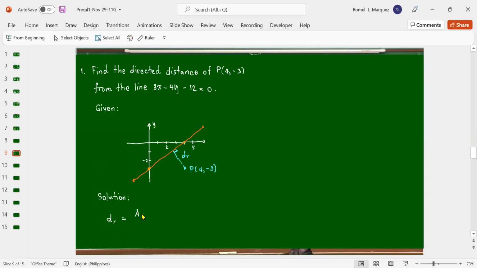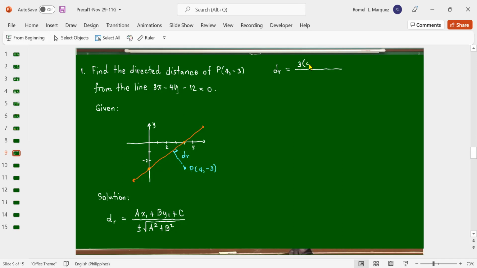Okay? What is our formula? A x sub 1 plus B y sub 1 plus C, all over plus or minus square root of A squared plus B squared. So we are going to consider what sign, guys? Negative, no? Why negative, children? Because B is negative, okay? In the given line. So A, that is 3.